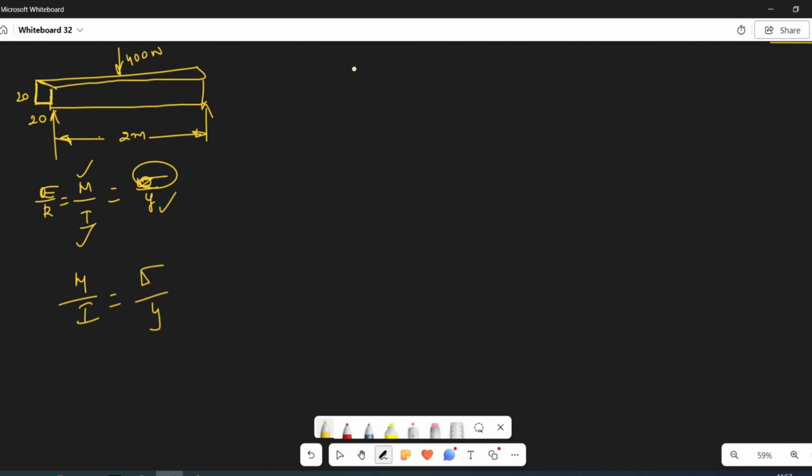Now, first let us try to identify the bending moment. Based on the bending moment alone, we can design. Let's say this is RA, RB, and the load is in the middle, at an equal distance.